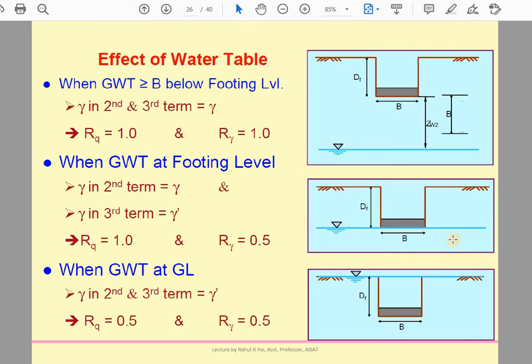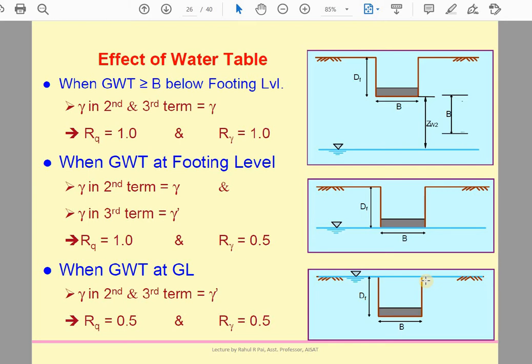So just take 0.5 gamma as gamma dash. So here there is a reduction factor of 0.5, because the gamma dash is 0.5 gamma, and here there is no reduction factor.